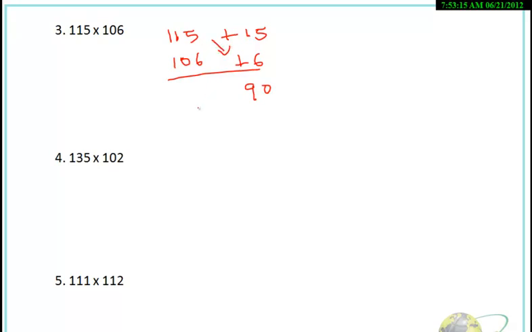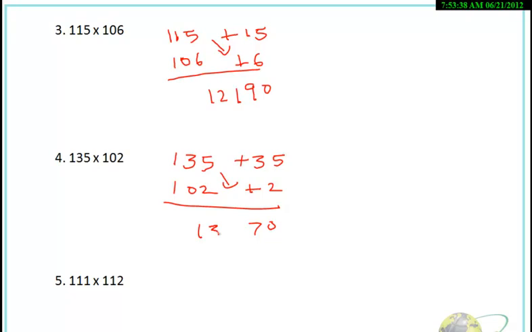Then this calculation 115 plus 6 is 121. Isn't it very simple, friends? Let's do this calculation. 135 into 102. So it's plus 35 from 100 and it is plus 2 from 100. 35 into 2 is 70 and 135 plus 2 is 137.